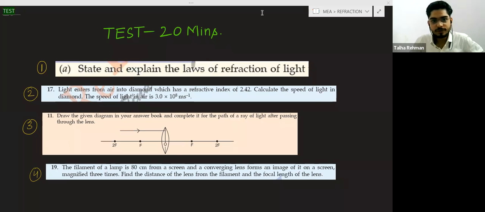But if you are not able to, if your microphone is not working now, you can just write in the chat box. I think your internet issue is there.